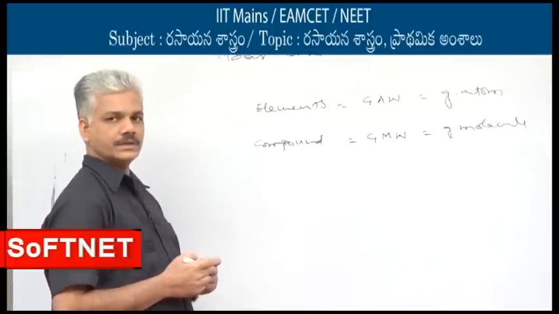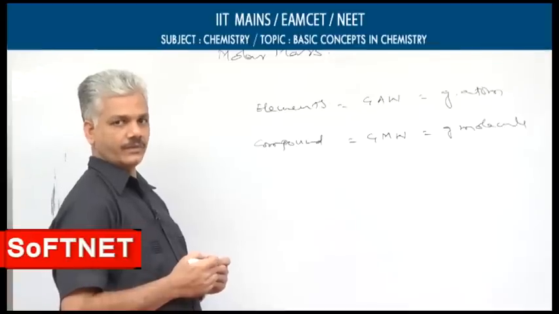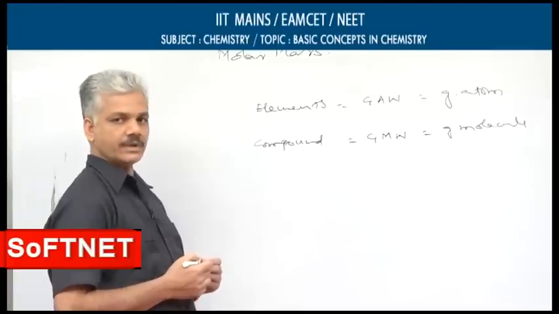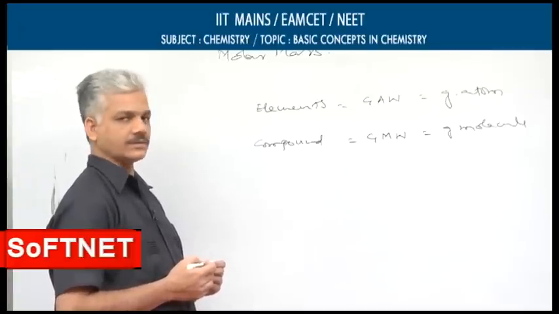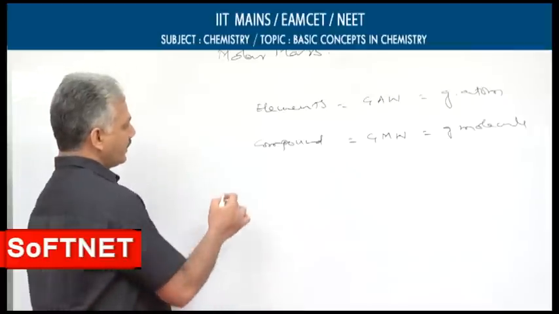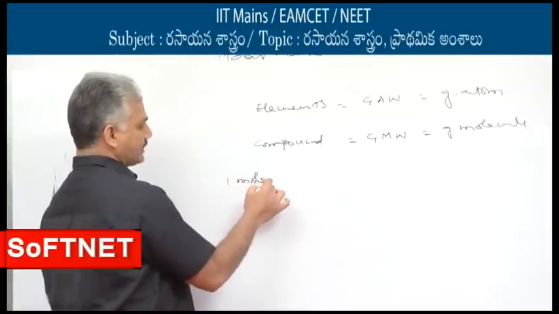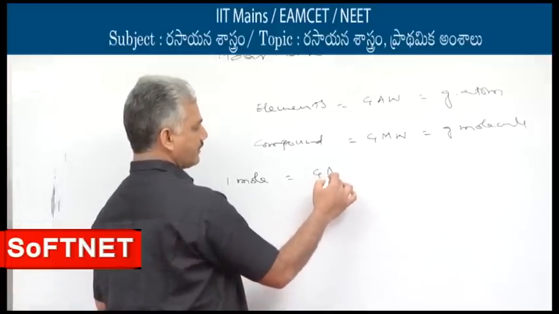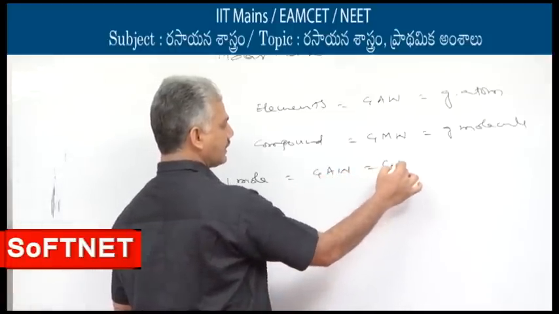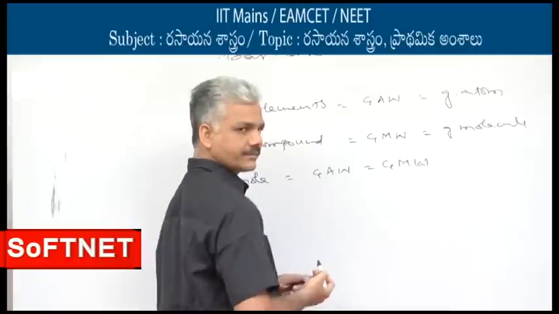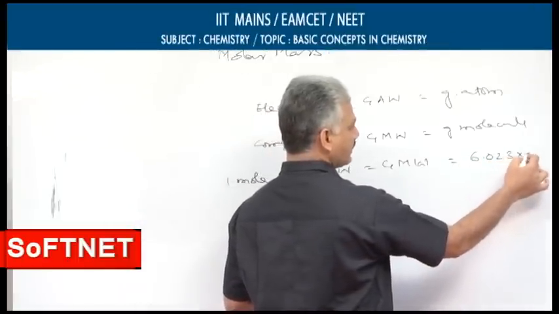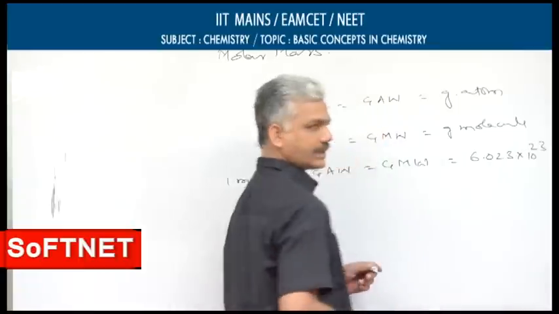Now, how to convert number of moles into weights, or number of moles into number of particles and volume. 1 mole of any substance, if you take, its weight will be equal to its gram atomic weight or gram molecular weight, and it is also equal to Avogadro number of structural units.